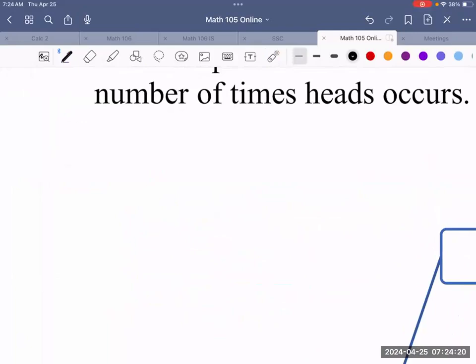Oh yeah, so not the coins, the rolls. So typically on a dice roll, if we're counting the number of 6s, P typically is 1 out of 6, right?